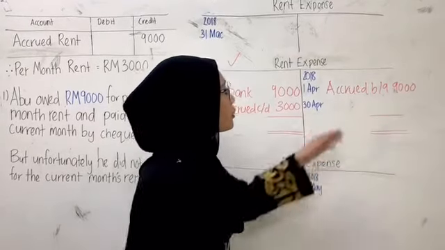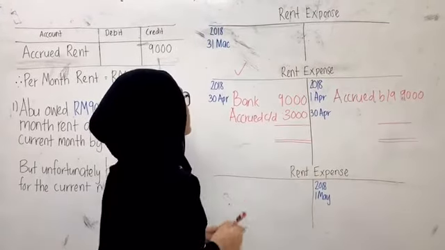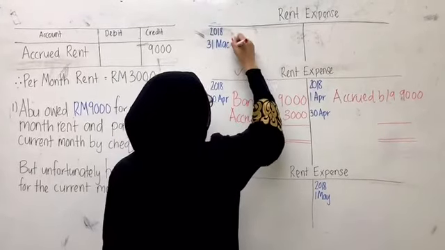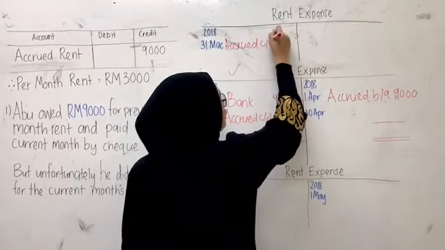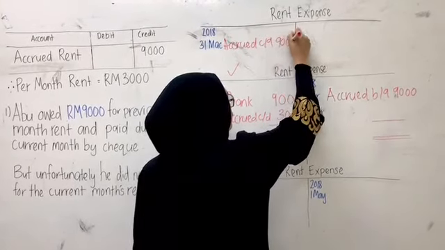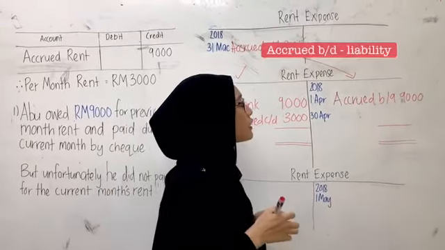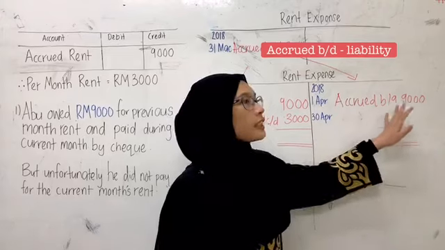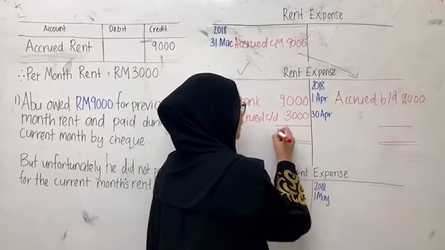Where we get the accrued b/d 9,000 ringgit here is from the last month rent expenses, which is accrued c/d 9,000 ringgit. So we have to transfer to the next month at the credit side because accrued b/d has a liability nature. So we have to total it 12,000 ringgit.